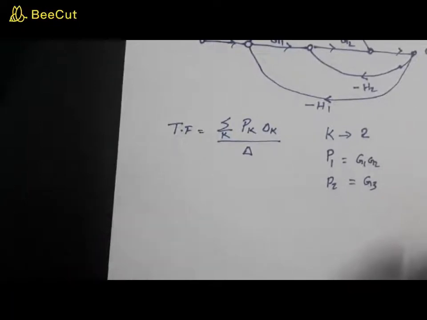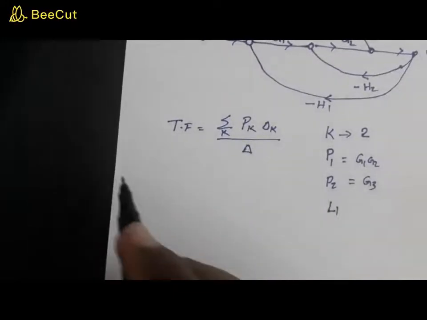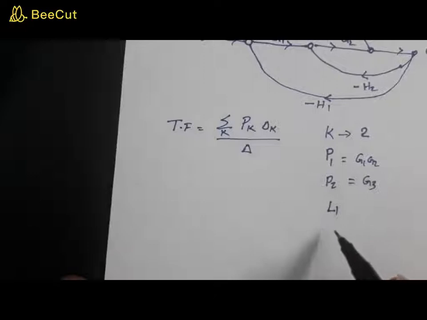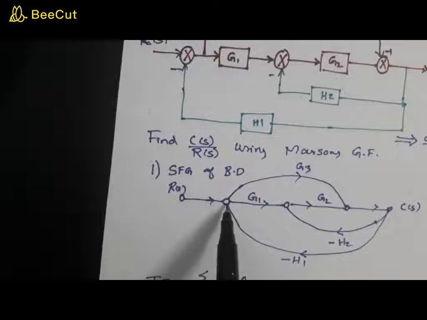Coming to delta, next we need to find the loops. In order to find delta, you need the idea about loops. Now how will you find loops? Start from here. You send a signal and see how many paths there are so that the signal will come back to that node.